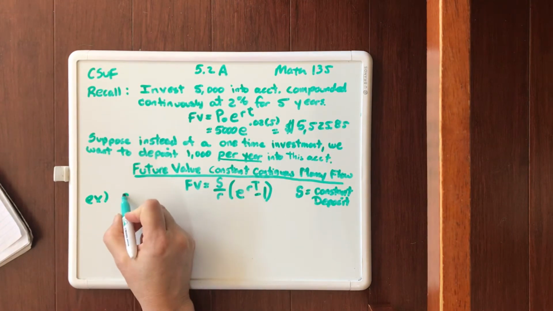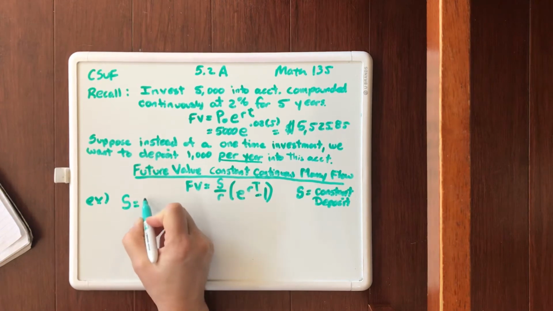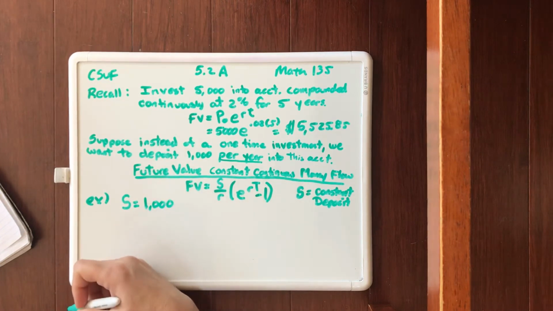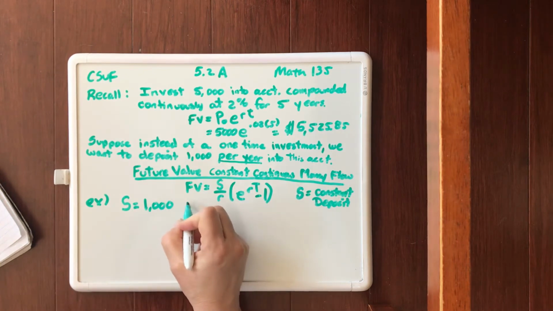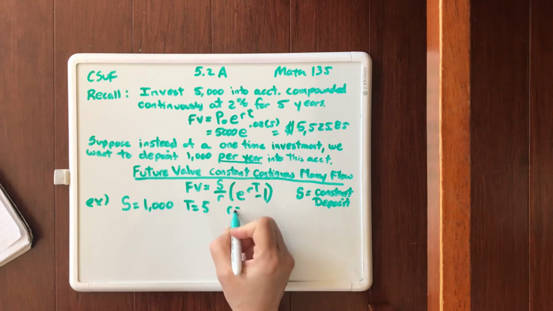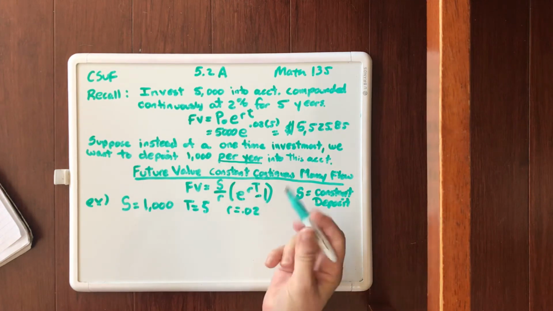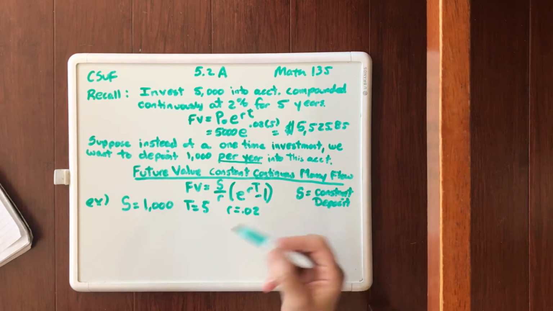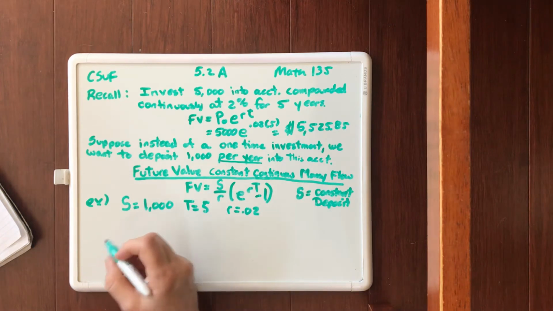Let's say S is going to be $1,000 like we mentioned above. So that's an annual deposit where t is 5 years and r equals 0.02. So the same problem as that, but this one we're going to be depositing once a year, $1,000.